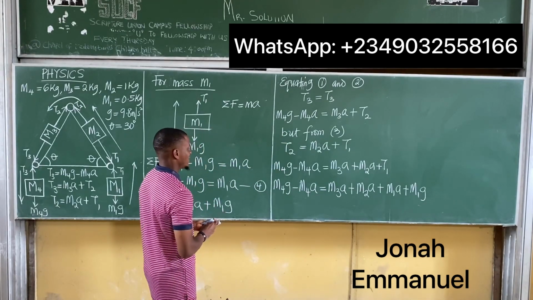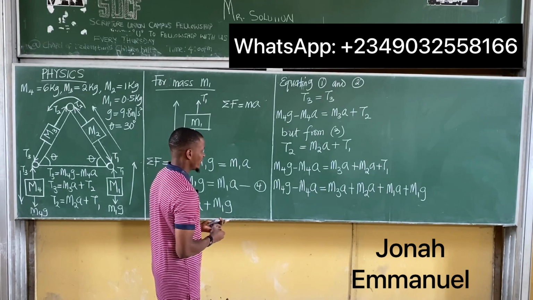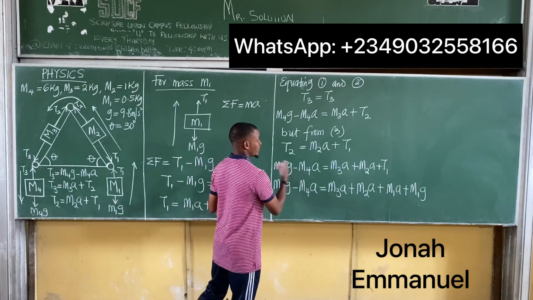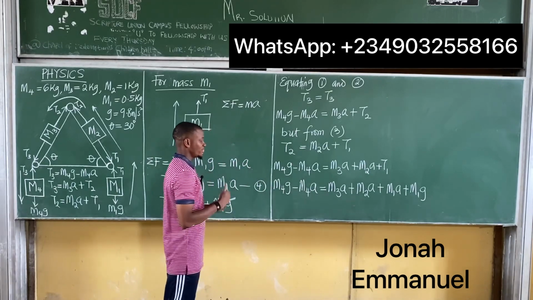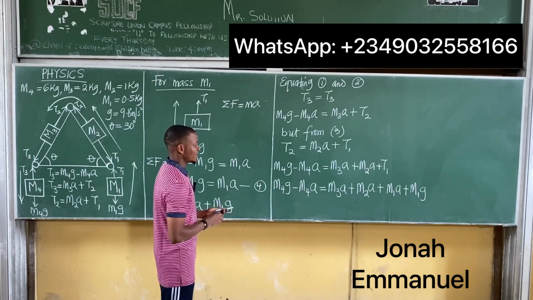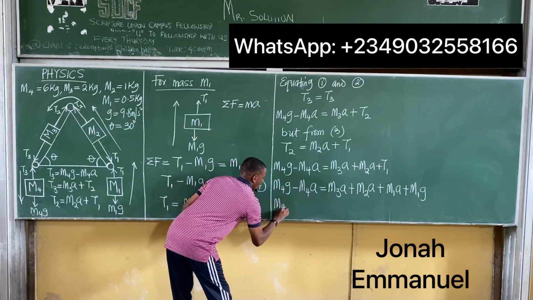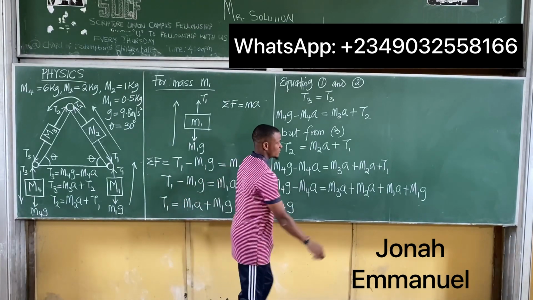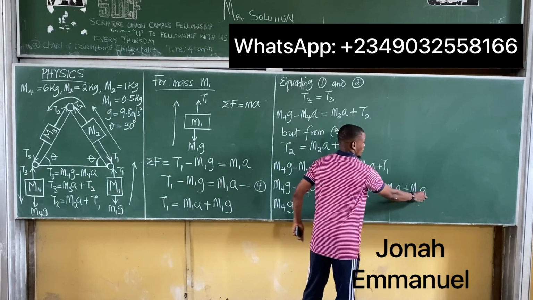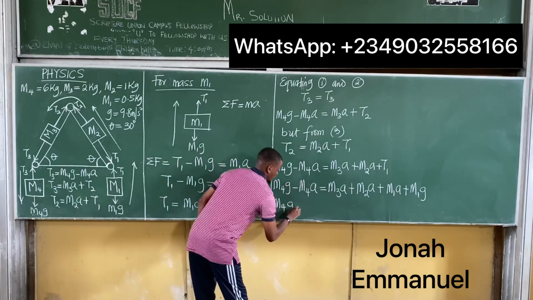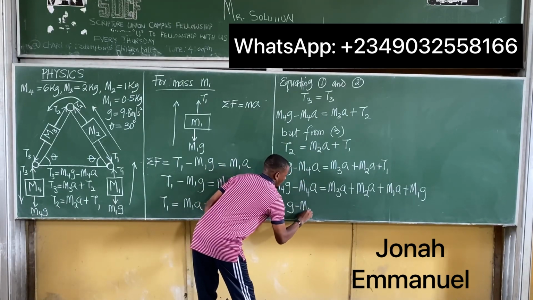So what's next? Next up, we'll have to take like terms. The ones with G would come to the left-hand side. The ones with A will move to the right-hand side. If that's true, I'll be having M4G. Now this one has a G, so I'm moving it to the left-hand side. Positive crosses over, becomes negative, so minus M1G.